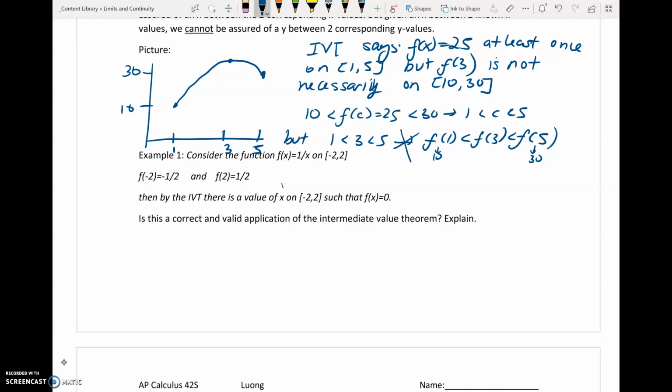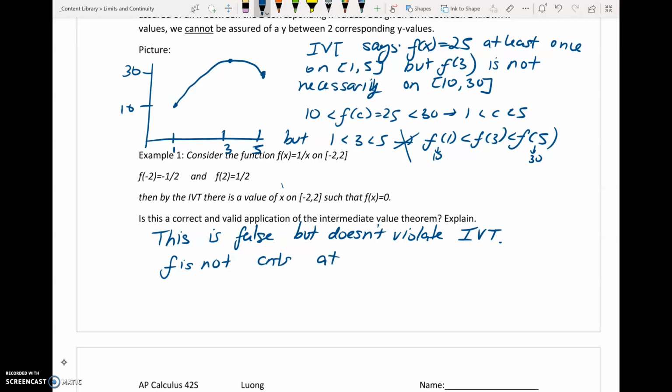So we couldn't even use the IVT to begin with. It doesn't violate it, we just shouldn't have been using it. Because f is not continuous at x equals 0, which is in [-2, 2].